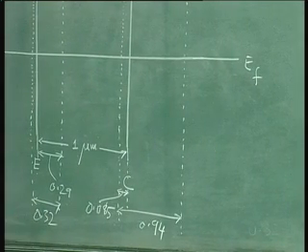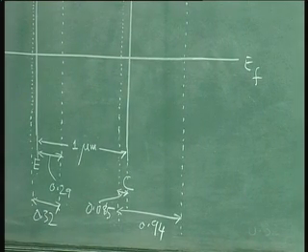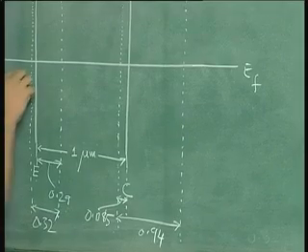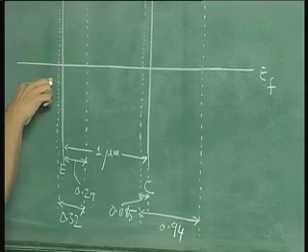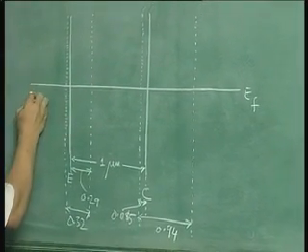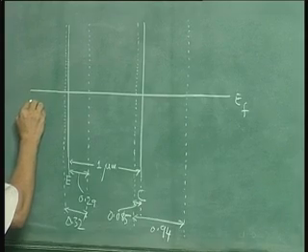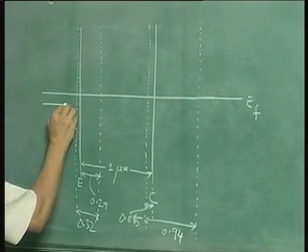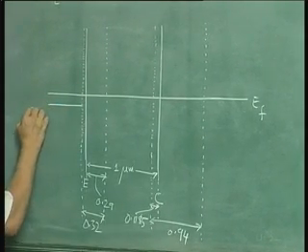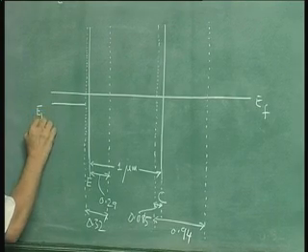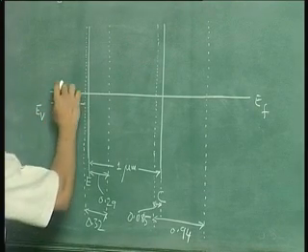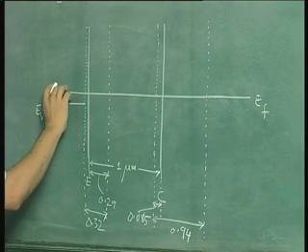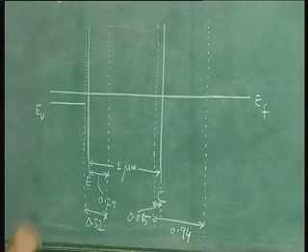Now we must draw the conduction and valence band edges. So this is P side and the doping here is 10 power 17. Suppose this is the valence band edge here. So this is EV. So EF minus EV here represents the 10 power 17 doping.